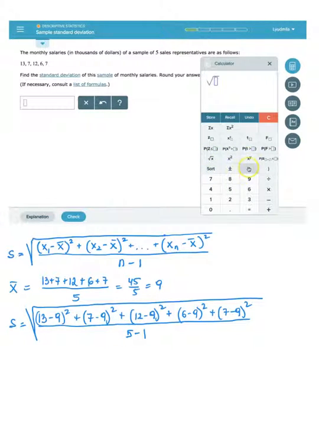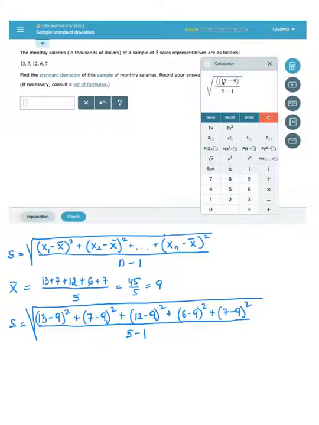So I type the square root. Because I will have to add the squares first, I use big parentheses to show that division by 5 minus 1 will happen later, after all that sum is computed. Otherwise, a calculator may divide by 5 and then subtract 1 later, which would be a wrong order of operations.